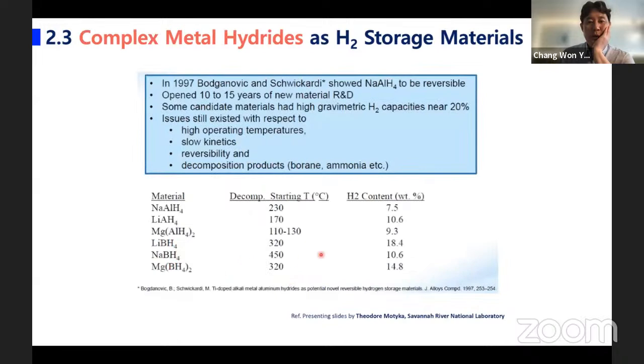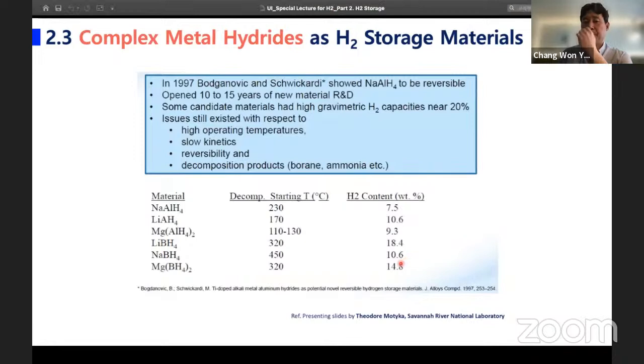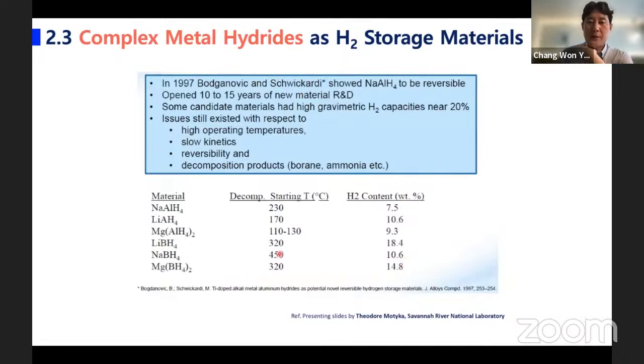For example, sodium borohydride has a hydrogen storage density of 10.6, which is good. But the problem for this technology is that after decomposing these materials to produce hydrogen, the spent fuel cannot be recovered into this form again with reasonable regeneration energy. So regeneration is the issue for complex metal hydrides.